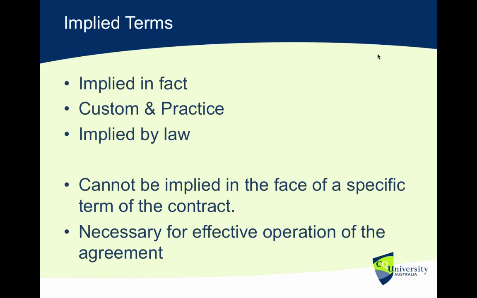I, in fact, had a look at a much earlier case, not one that's mentioned in your textbook, and it referred to a vessel being tied up in port, and when the tide went out, the vessel sat down hard on some rocks which were underneath the dock. And the court said in that case, look, it would have to be implied in fact that there'd be a condition in the contract that you take good care of the vessel and you would not put it in a situation where it would be damaged.